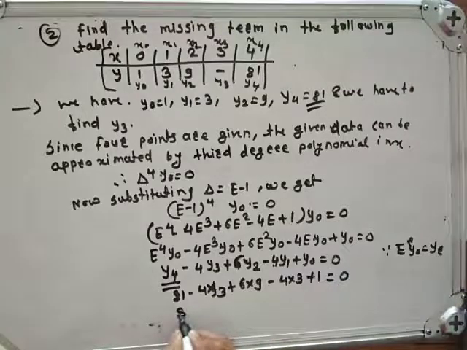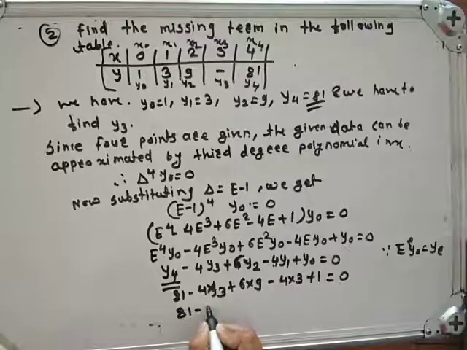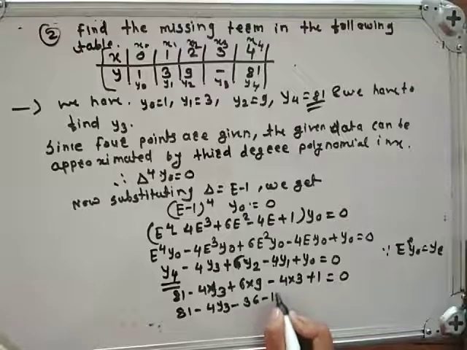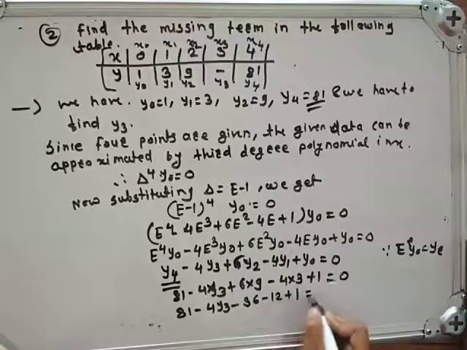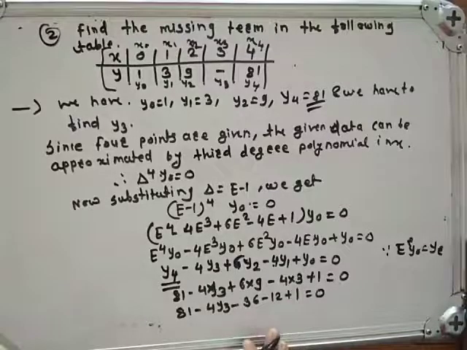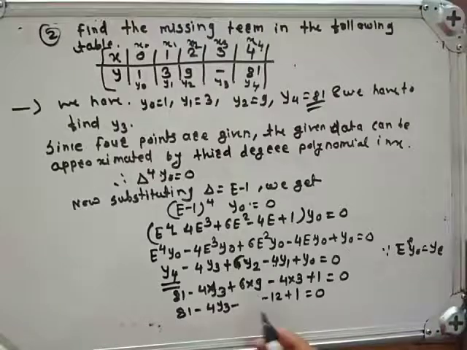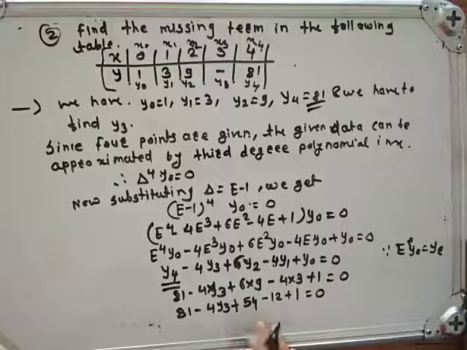This is 81 minus 4y3 minus 36 minus 12 plus 1, which is equal to 0. Here is plus 54 plus 1 is 55.